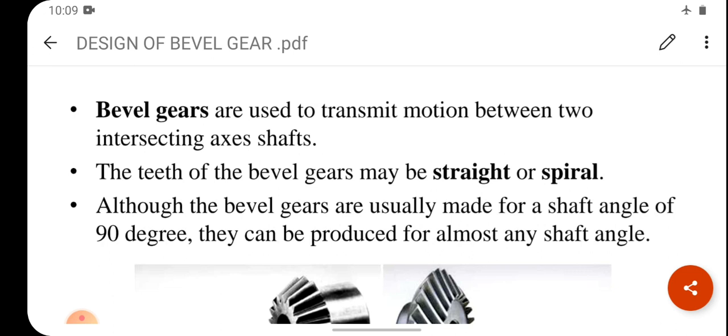For example, one gear is rotating in a horizontal plane and another is rotating in a vertical plane, or you can assume that one gear is on the x axis and another gear is on the y axis. So motion is transmitted from horizontal to vertical, or you can say 90 degrees relative to the other gear.